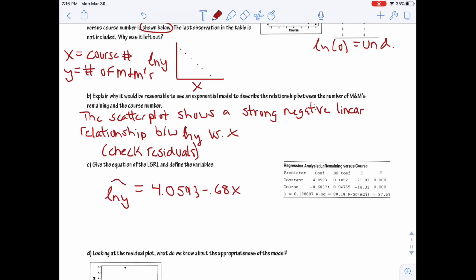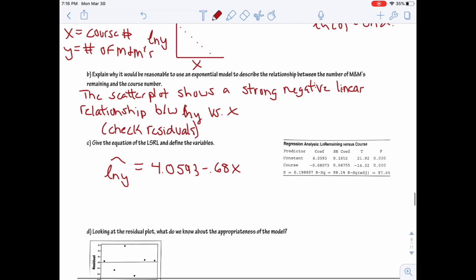Okay, so once we plug in our x value, and then we'd have to e up to figure out what y would actually be. You could actually go change this to get y by itself if you wanted to. Okay, but we don't have to worry about that in this case right here.